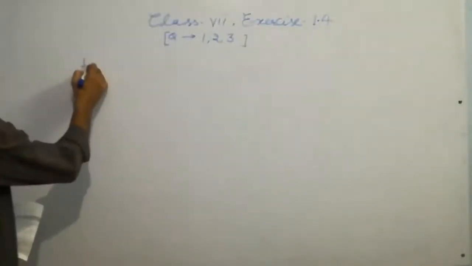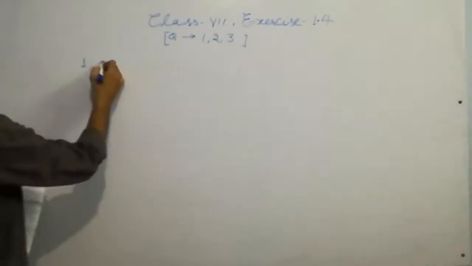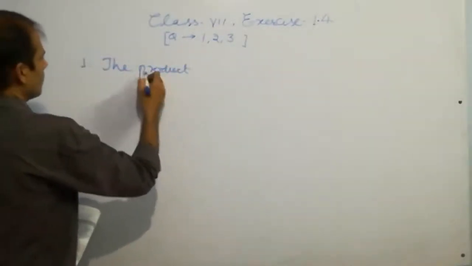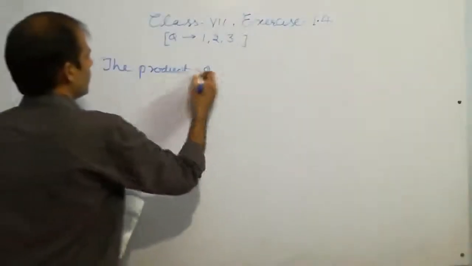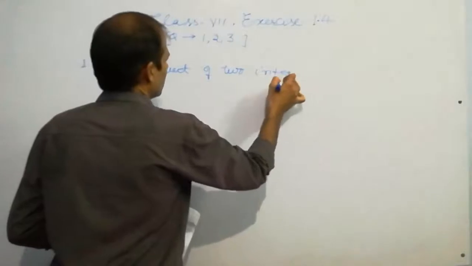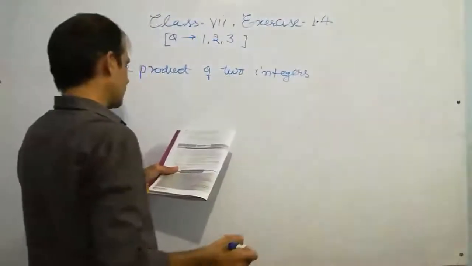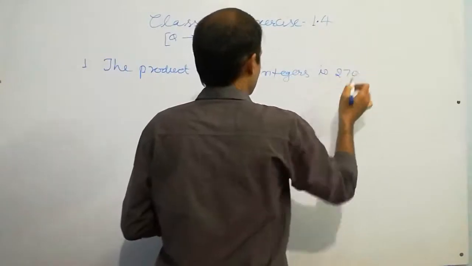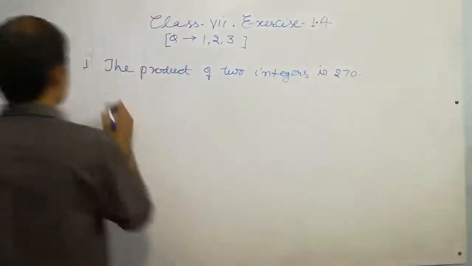First question: the product of two integers is 270.